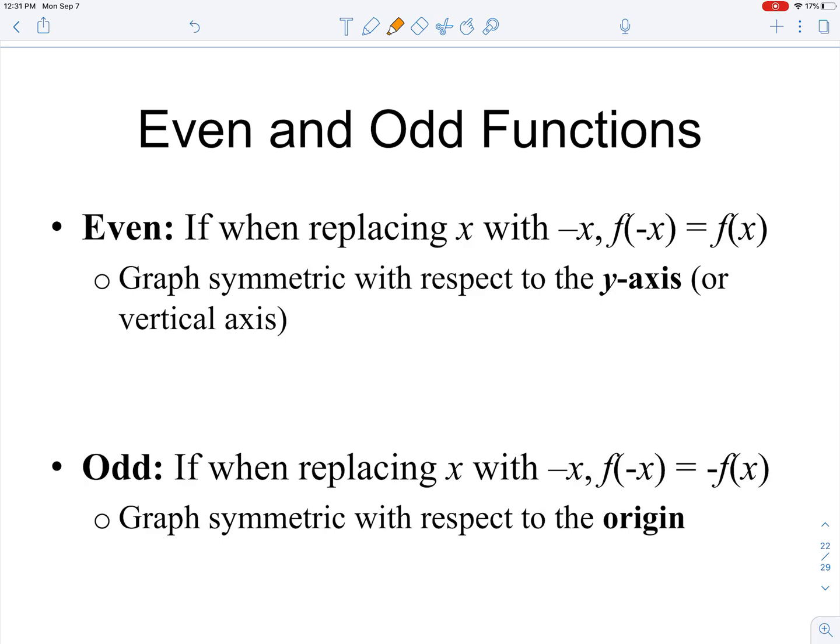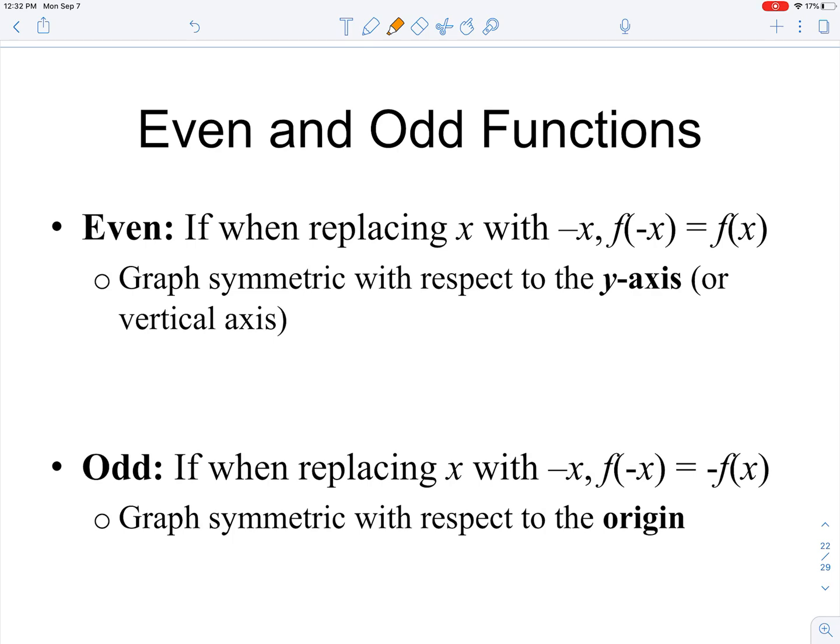But the idea is once you have all this knowledge about how to identify important characteristics about functions, equations of functions, and graphs of functions, then whenever a function is used to model a certain situation or data, you can identify important characteristics that can help you with analyzing that data or that information that it models. And one of those pieces of information is whether or not a function is even or odd, and what that tells you about the function.